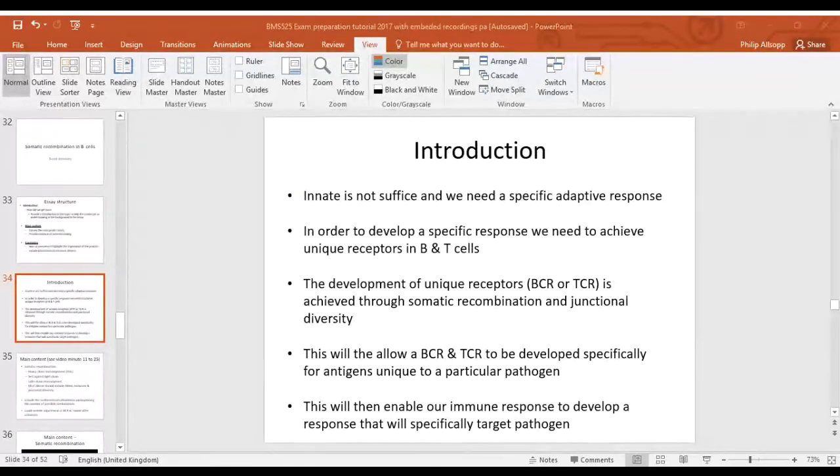What we need to be aware of is the fact that, alluding to your question, Joanna, when B cells are immature, that is before they develop, every B cell in your body produced that's immature all have the same copy of the B cell receptor genes. Okay? So they all have the same copy of the B cell receptor gene.